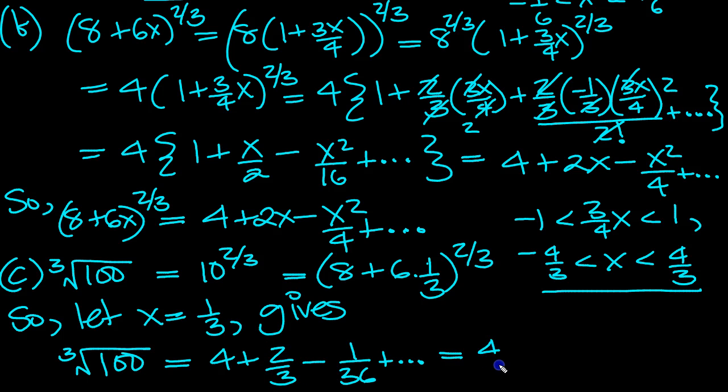That's a 4. This is 36. 24 over 36, isn't it? Minus 1 is 23 over 36 plus dot dot dot.